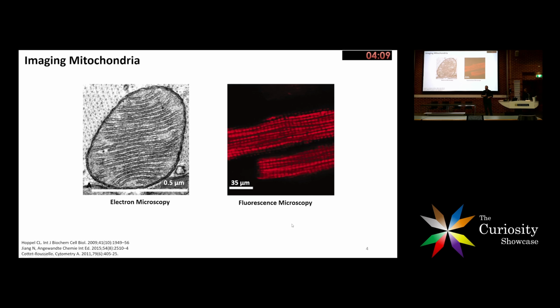So for that, we usually rely on fluorescence microscopy, in which we use probes that are designed in such a way that they selectively stain mitochondria. So in this image here, you can see each one of these red patches are mitochondria and just mitochondria. So they're selectively stained and you only see the mitochondria. So when it comes to imaging tissue samples, fluorescence microscopy is what we rely on.